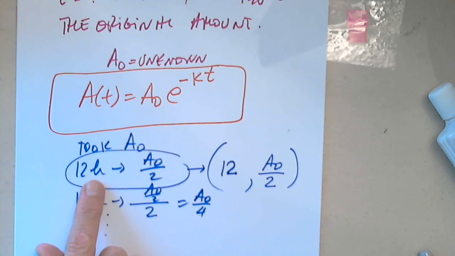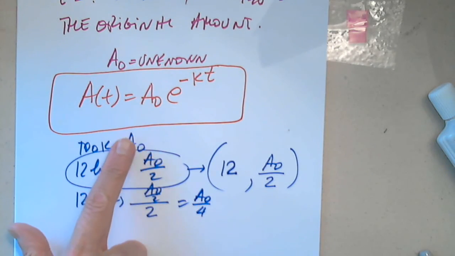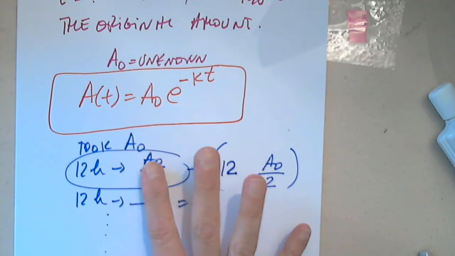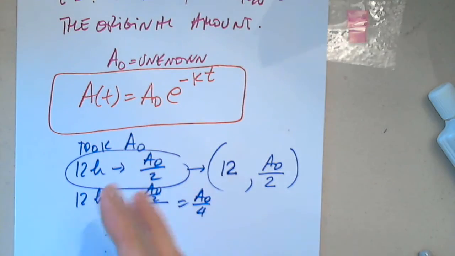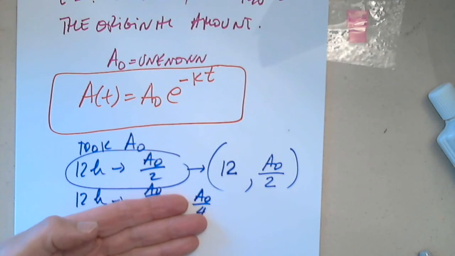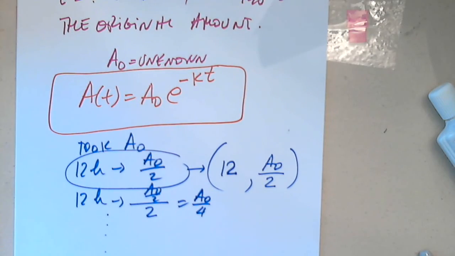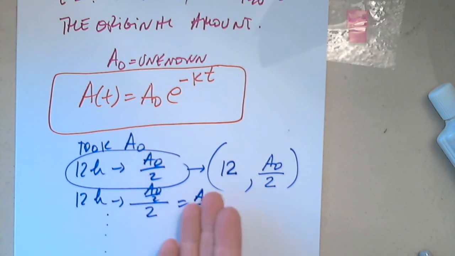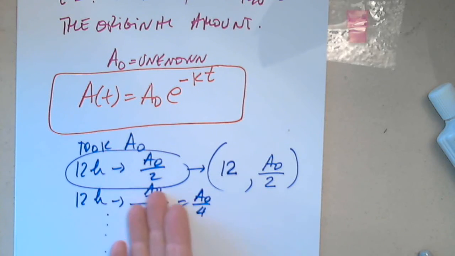But I know that 12 hours later, in my bloodstream, I will have this amount divided by 2. 12 more hours later, I will have this amount divided by 2, and so on and so forth. I only need 1 point. I don't need to continue. This is good enough.